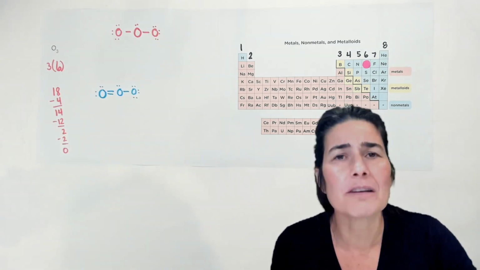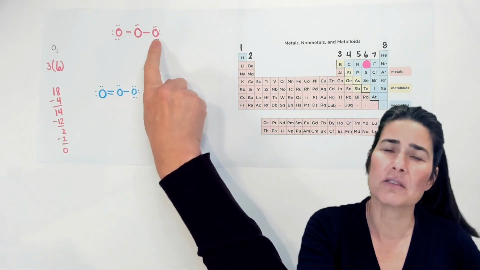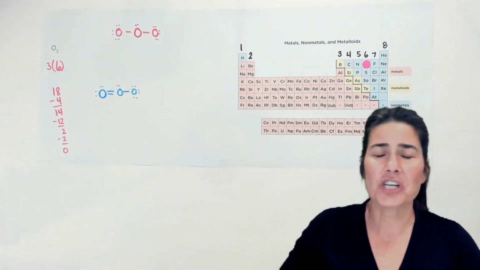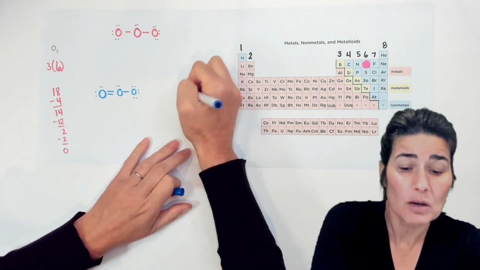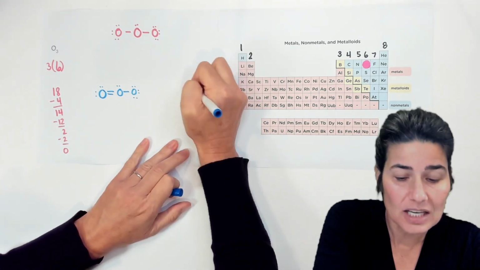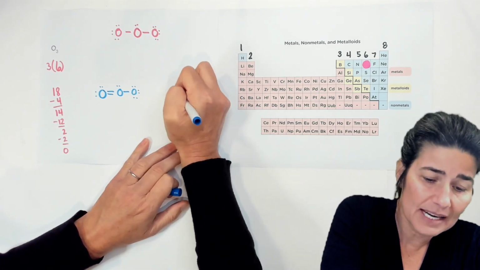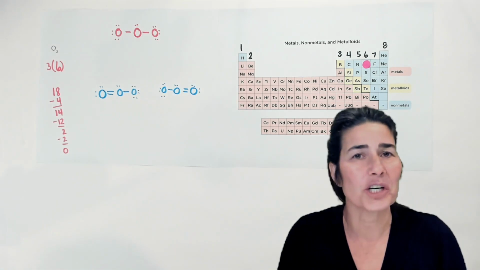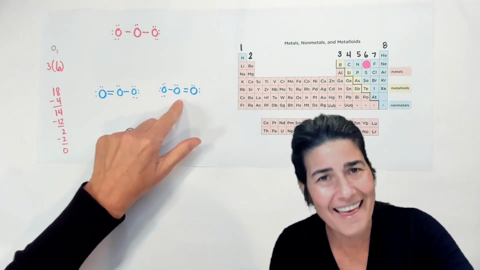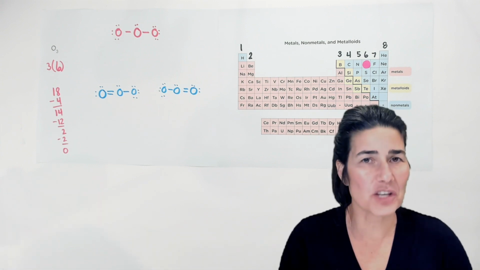Well, what if we drew it from the one on the right? What if we swipe the electrons from the oxygen on the right and share with the middle? Well, if we drew that picture, it would look like this. An oxygen on the right. The double bond is now on the right-hand side. And there's the remaining picture. Well, if we drew just that picture, it is also incorrect on its own.